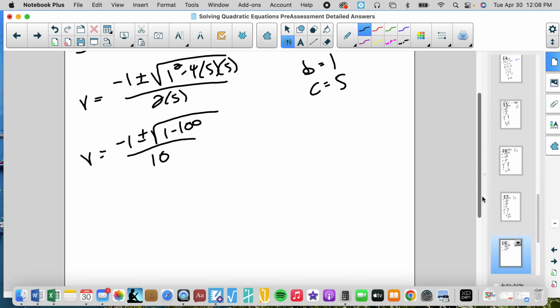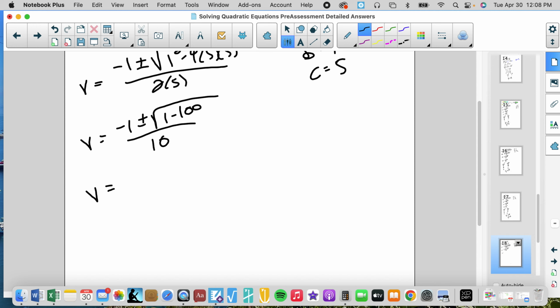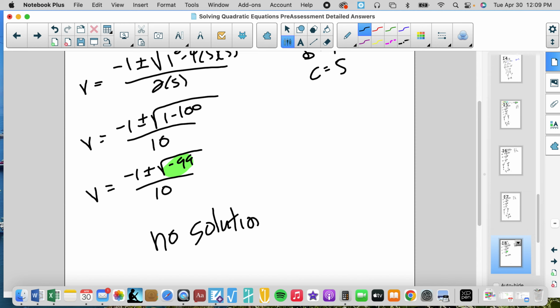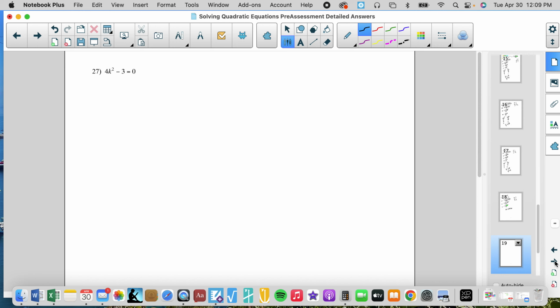We already see what's going to happen here. V equals negative 1 plus or minus square root of negative 99 over 10. At that point, we should recognize that we are taking the square root of a negative number, and the answer is going to be no solution. Okay, so be aware of that.